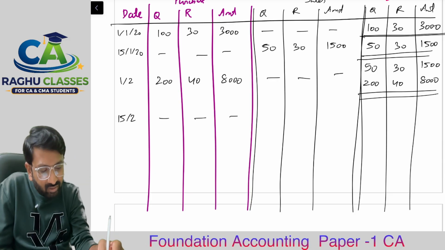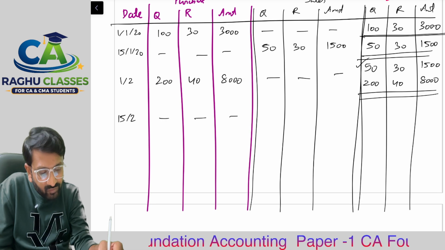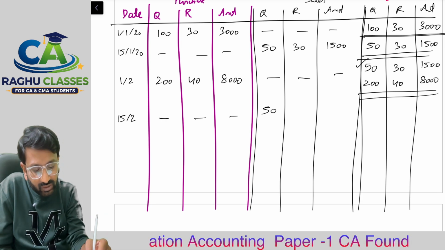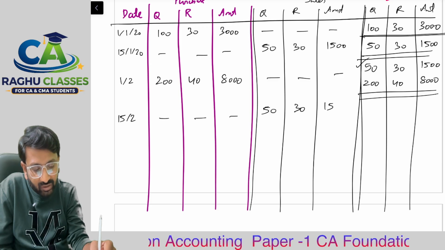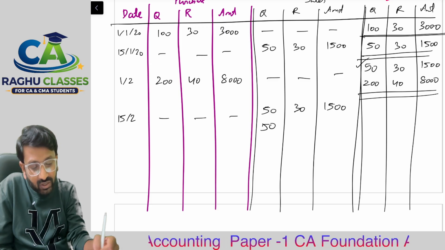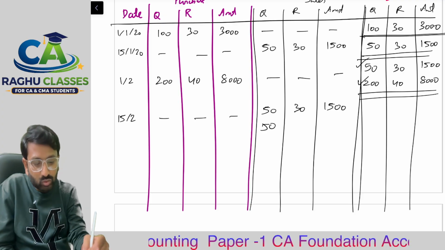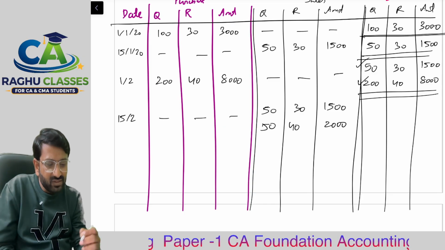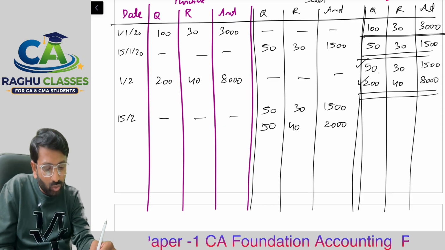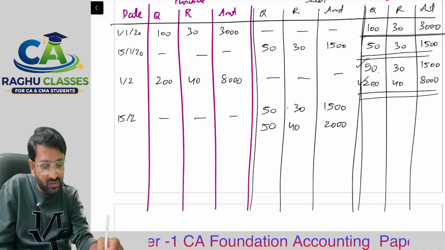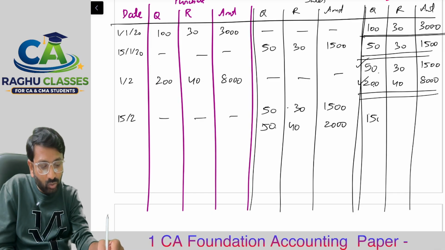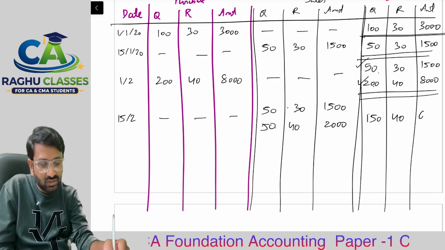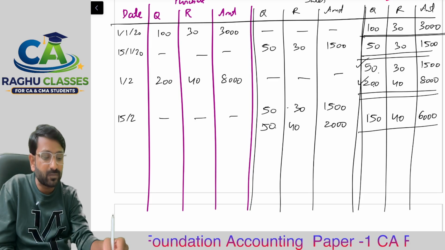So that 100 would have gone, 50 from the first lot: 50 units at 30 each, 1,500. The remaining 50 I would have taken from the second lot, whose rate is 40 each, that is 2,000. Now in the balance column, out of 50, this is totally gone, and out of 200, 50 is gone. So 150 units at 40 each, 6,000, is what remains in the balance.